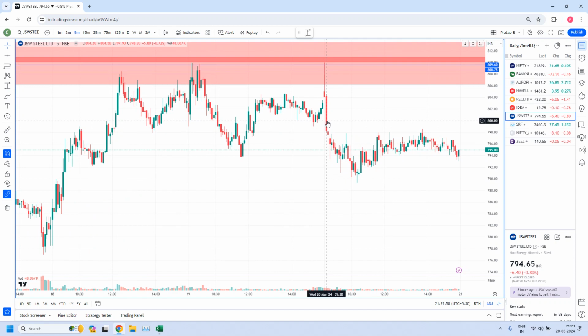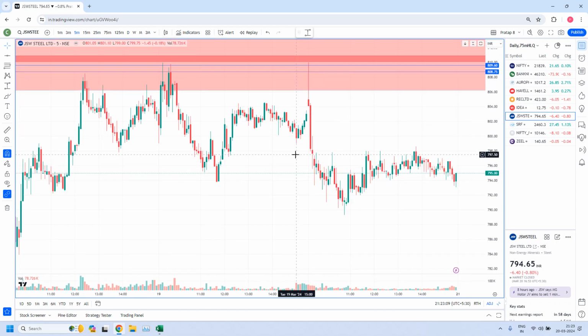But the reason why I am mainly focusing on high liquidity zones is because they are giving more return on investment on a consistent basis, and every day we get trades. This also would have given a good profit, almost equivalent to what we got in the high liquidity zone. But it may not happen every time. Today it happened.